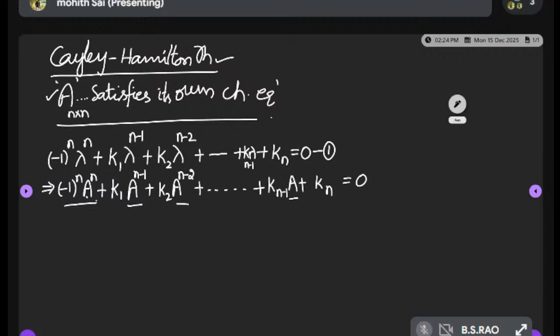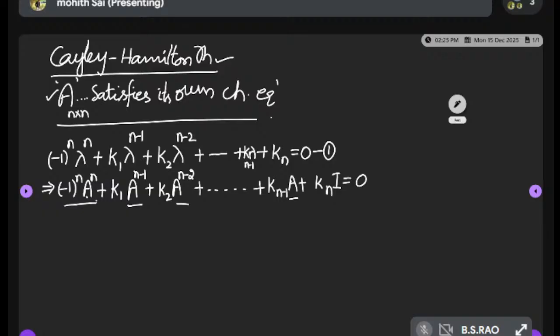How can you add a constant to a matrix? It is not possible. So what you can say? kn into identity matrix. Now this is a matrix, identity matrix is a matrix of order n by n. Then you can add all of these. This is the justification of the Cayley-Hamilton theorem.